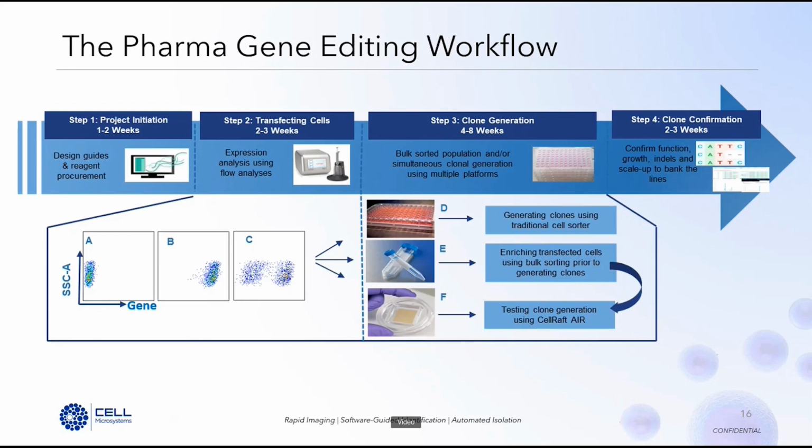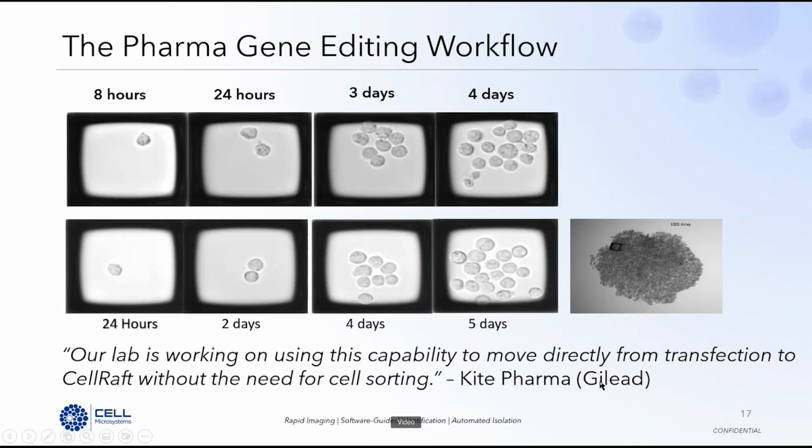Their workflow is depicted here and typically took 12 to 18 weeks to identify a suitable clone using flow sorting. To improve their success rates and speed the time from project initiation to clonal development, they compared several methods of bulk sorting and/or resorting cells after an initial bulk sort. They compared these instruments for ease of use, efficiency, track and traceability, and also cell viability.